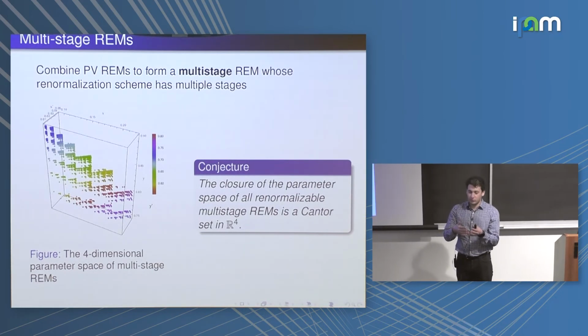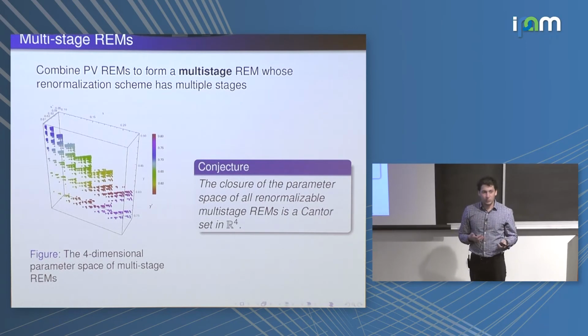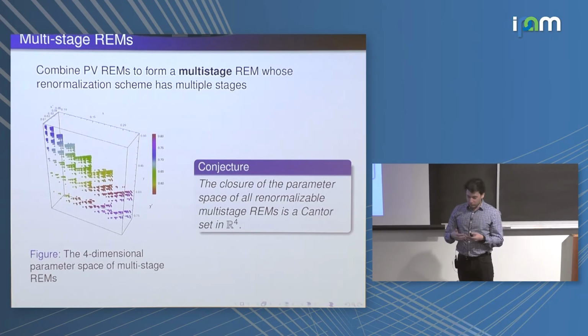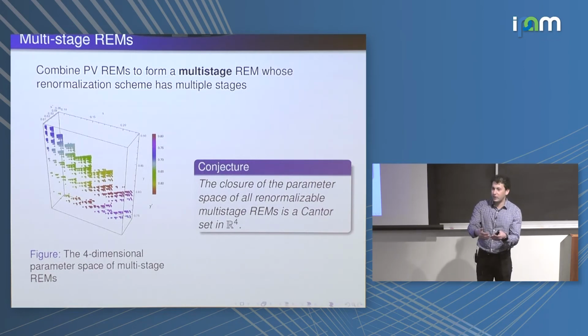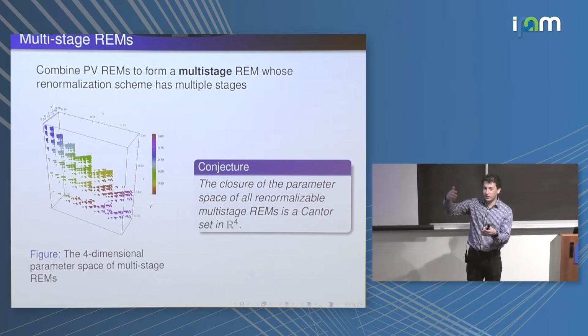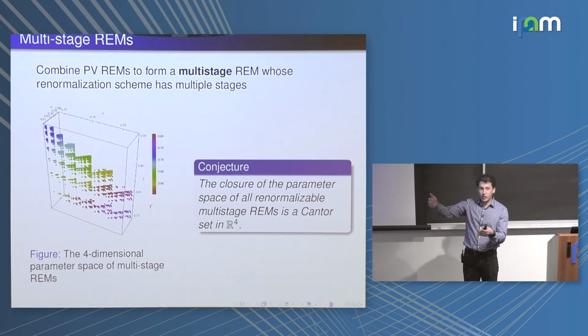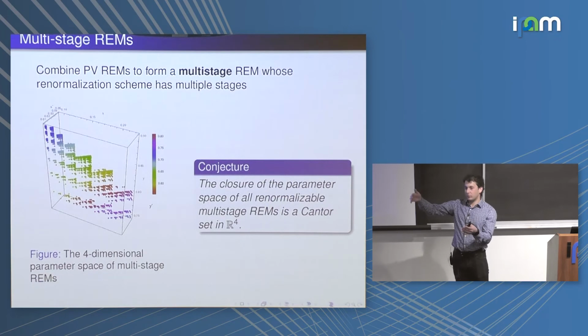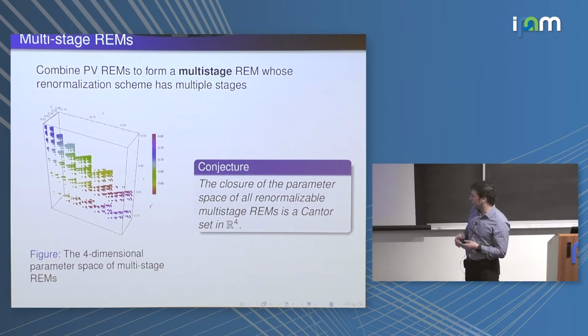If you think about before, we said that the first return map was going to be conjugate to the original dynamical system. Well, now I'm going to have a sequence of dynamical systems in that renormalization scheme.